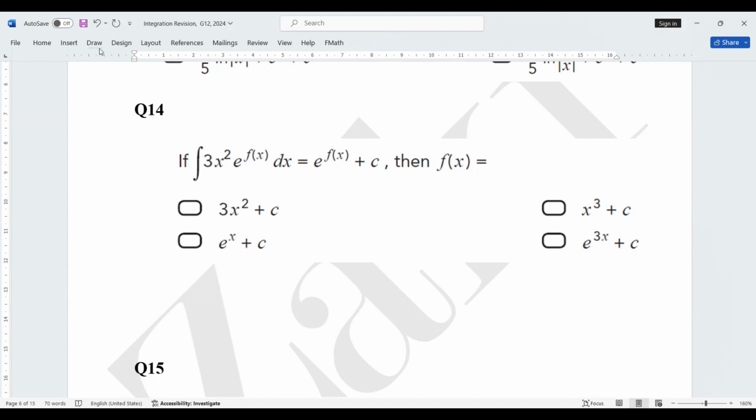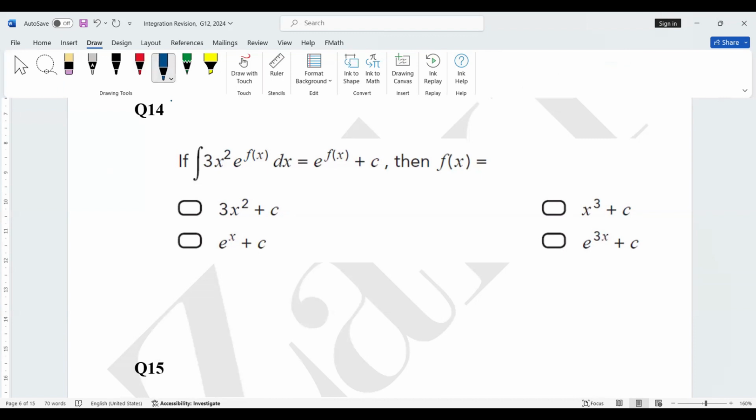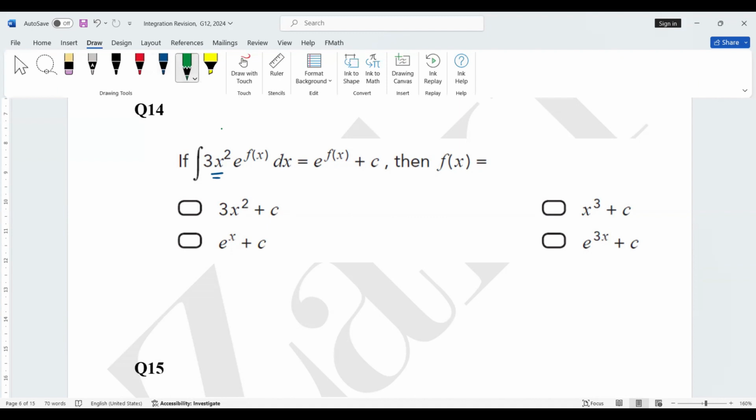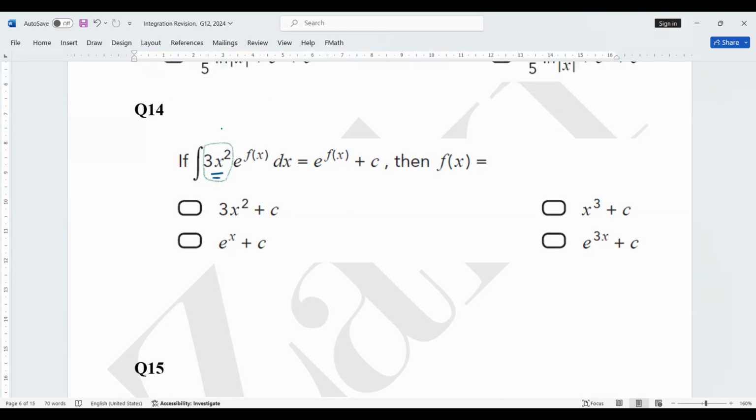Integration of 3x squared e^f(x) equals e^f(x). What do we understand from this? 3x squared is the derivative of the power, the derivative of f(x). It means f dash, which is the derivative, equals 3x squared.